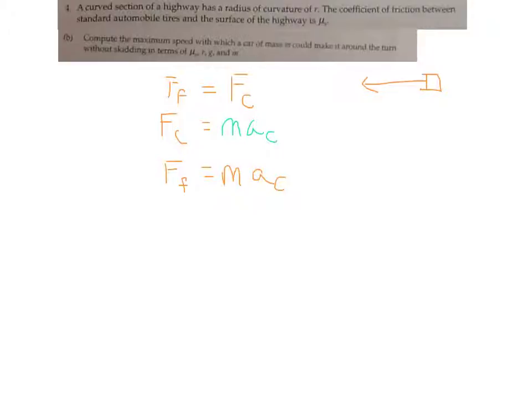Centripetal acceleration is equal to v squared over r. So, force of friction is equal to mv squared over r.